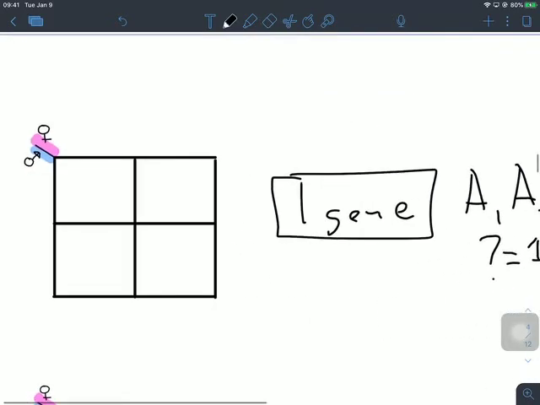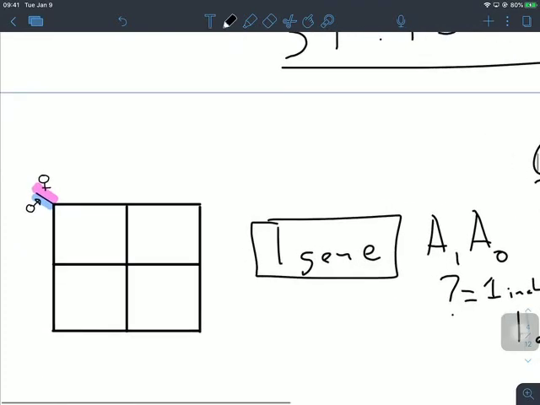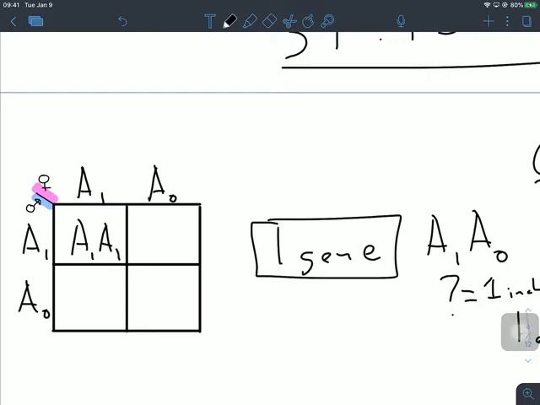What heights of children can they produce? Well, if they're heterozygous at both of these, you'll note that they can produce an individual that is A1, A1, A0, A1, A0, and A0, A0.